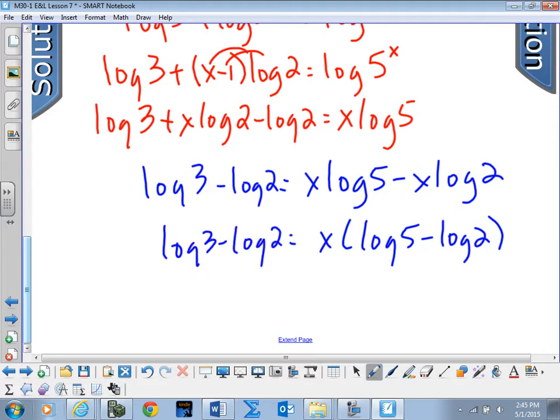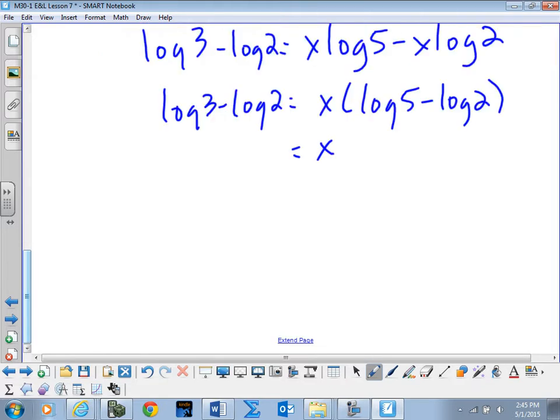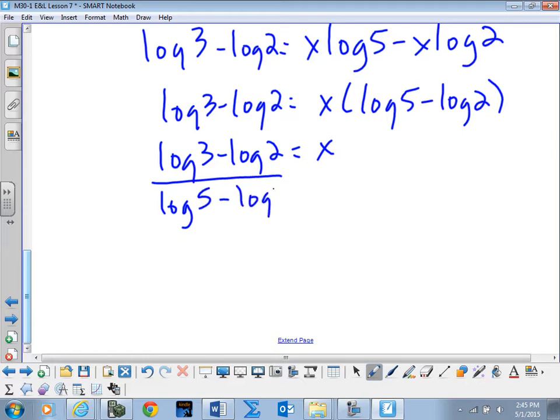Okay, hopefully you see where we are now to isolate x. Log 3 minus log 2 over log 5 minus log 2.